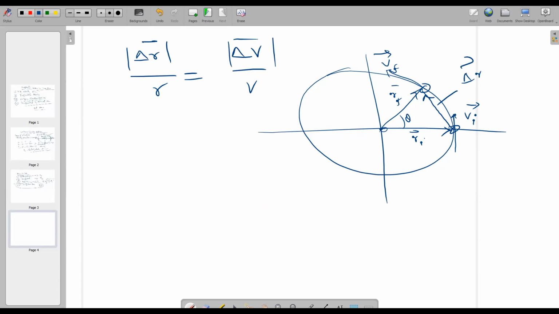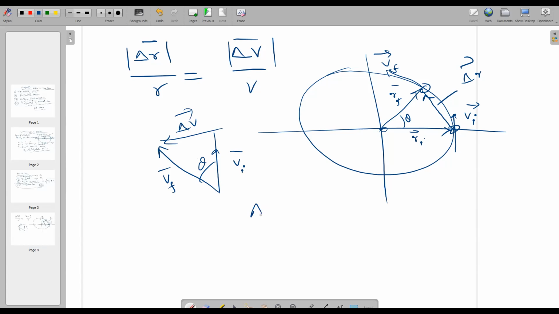So delta V over V is where? This is VI, and this is VF. If I join the tails of this VF with VI, this is our delta V. And this angle is the same as this angle, so you can write this equation in terms of this one.